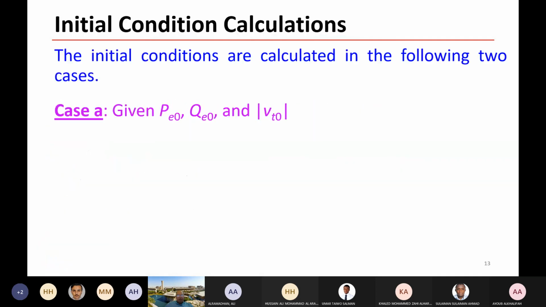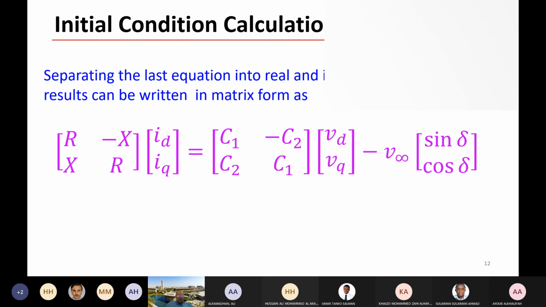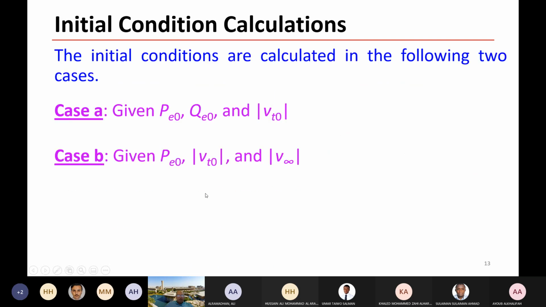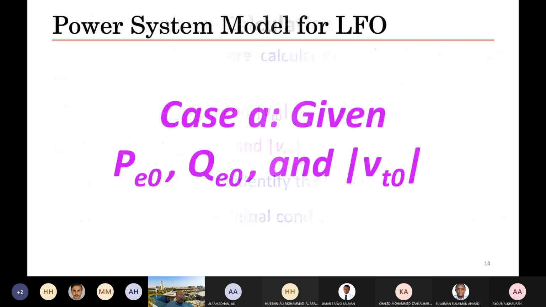For this matrix equation, if you still remember, ID is known, IQ is known. These are constants, known, depending on the admittance and the impedance. The VD is known, the VQ is known. So you have only two unknowns in these two equations. So you can have V infinity and delta. So you can easily have it.